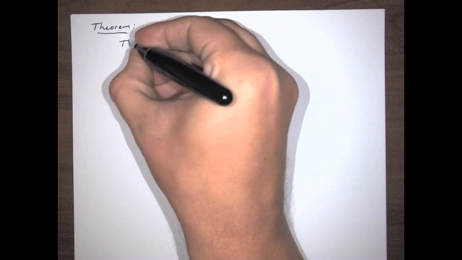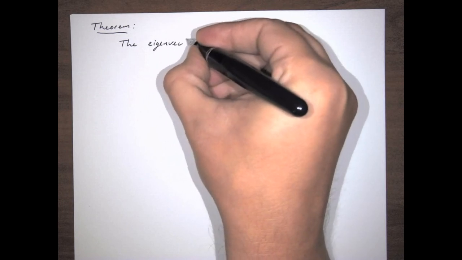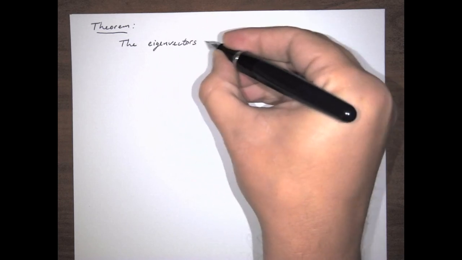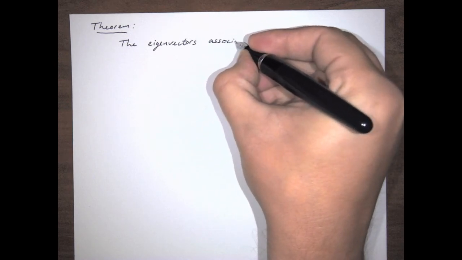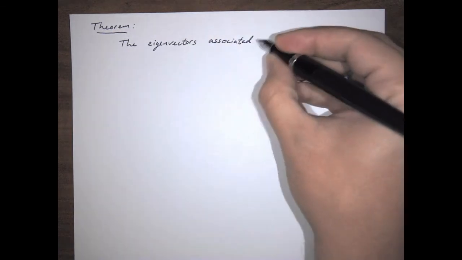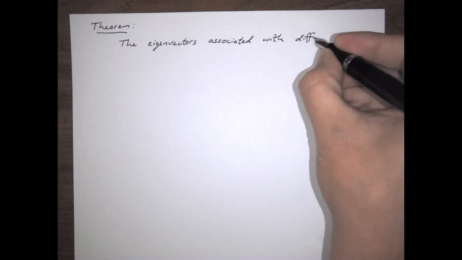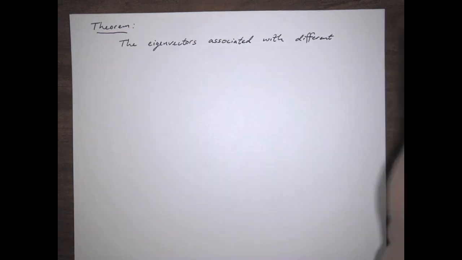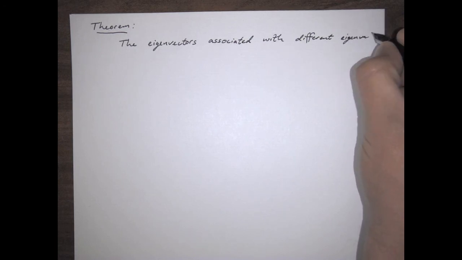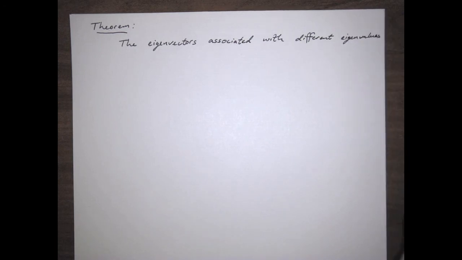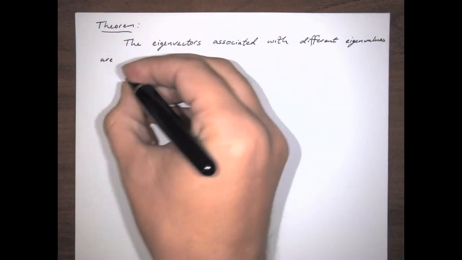The eigenvectors associated with different eigenvalues are linearly independent of each other.